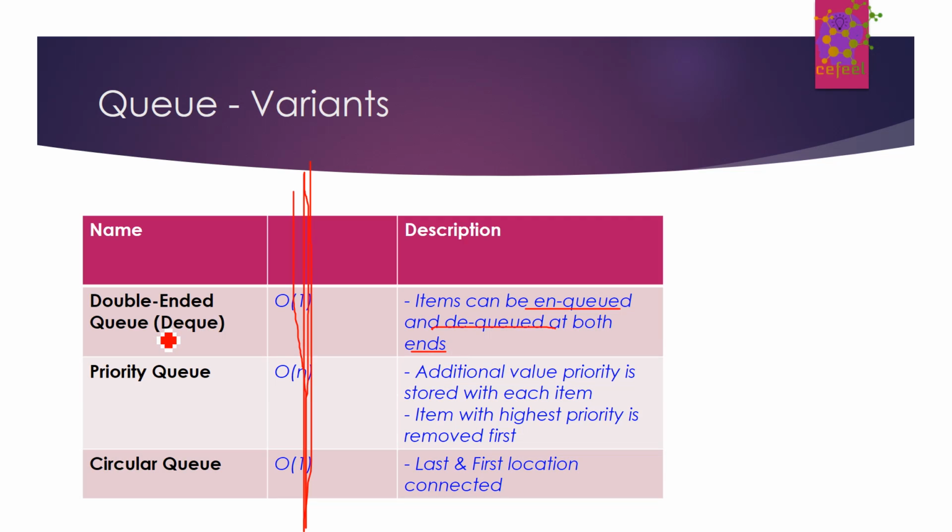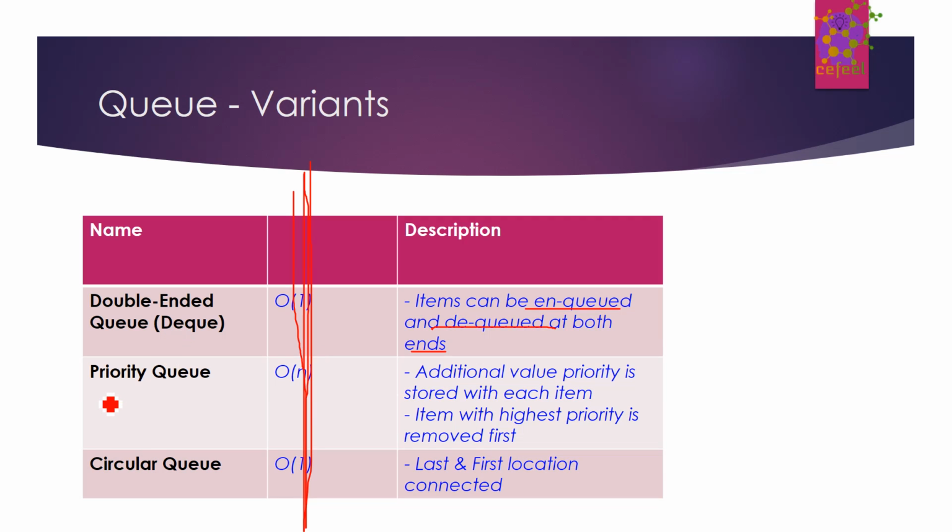Sometimes this is also called a deque, which means items can be added and removed at both the ends. Normally this is implemented efficiently using a linked list. In fact, using an array it can also be done.